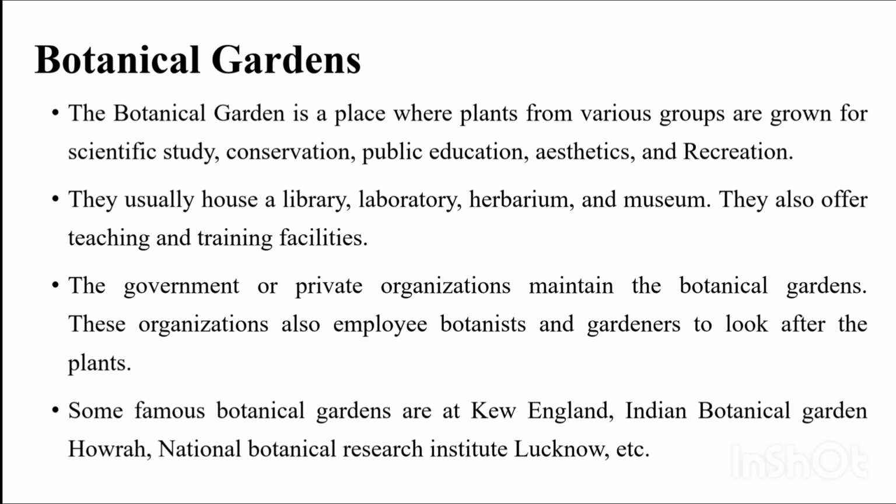These organizations also employ botanists and gardeners to look after the plants. The famous botanical gardens are at Kew, England; Indian Botanical Garden, Howrah; National Botanical Research Institute, Lucknow, etc. So it is all about your taxonomic tools or taxonomic aids which help in the study of taxonomy.